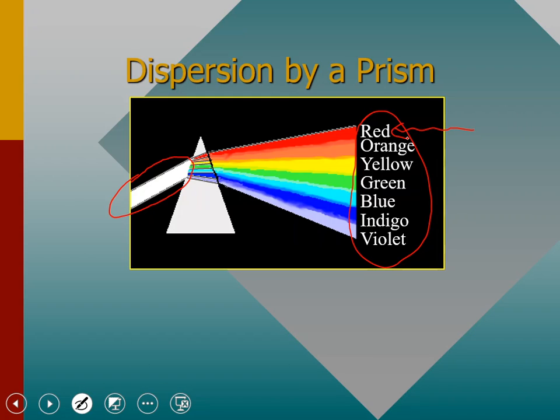In this figure here, I will take only the red one and the violet one. The red light has high wavelength and low frequency. While the violet color has a high frequency and low wavelength.